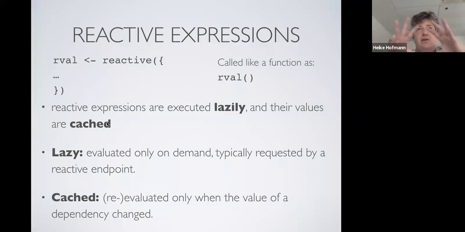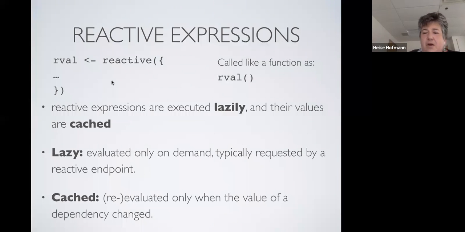They're going to stay lazy until somebody pushes them out of the lawn chair. So there's a request by an endpoint that something should be done. And once they've evaluated their calculations, they cache the evaluations. They keep track of the current situation and just pass it on to all of the observers.